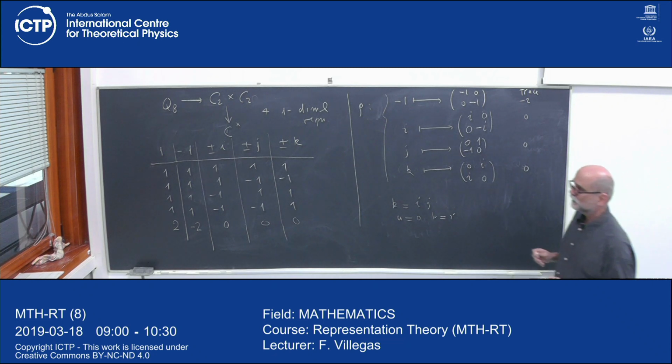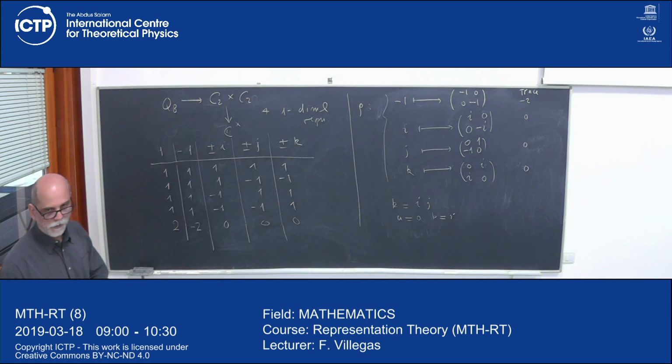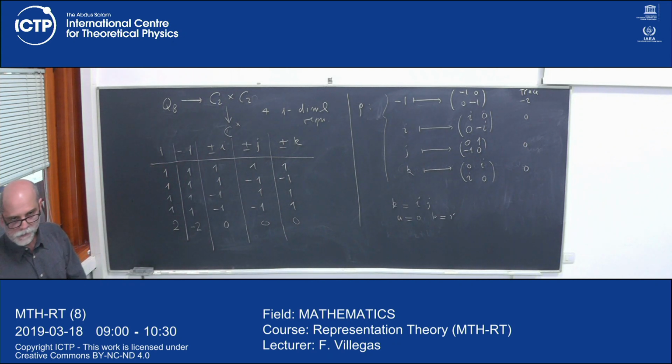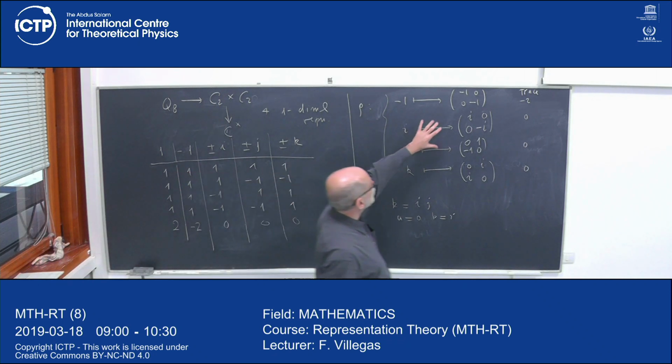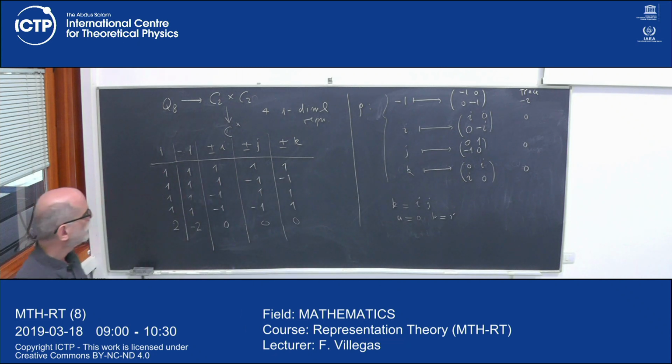But this representation cannot be realized in R2. So you cannot change bases in such a way that all of these matrices become real. This two-dimensional action of this group has to happen over the complex numbers.